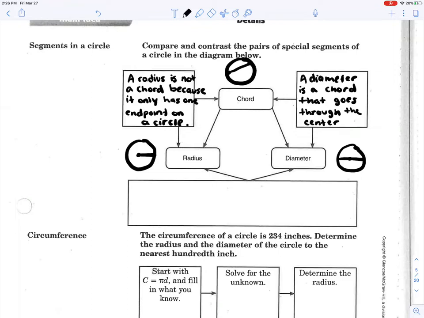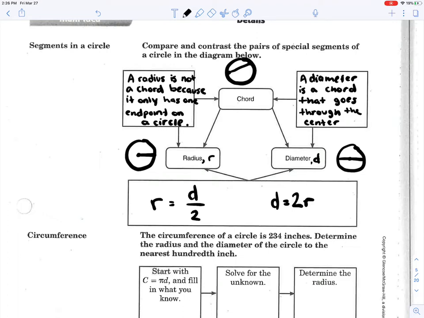Okay, and the last one is relating the radius and the diameter. Well, let's write these out as formulas. If I call the radius r and the diameter d, the diameter is double the radius because it's made up of two collinear radii, which means the radius is half of the diameter.